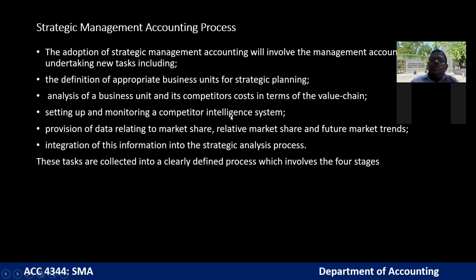You should have a very good information system. You should know where you are, your market share, etc. Then the integration of this information to the strategic process. To perform these tasks, to implement these activities, we have 4 stages.